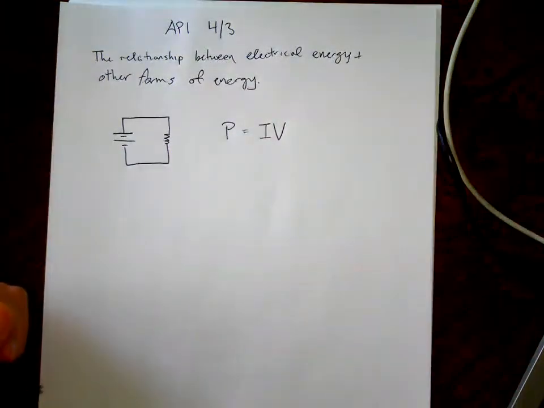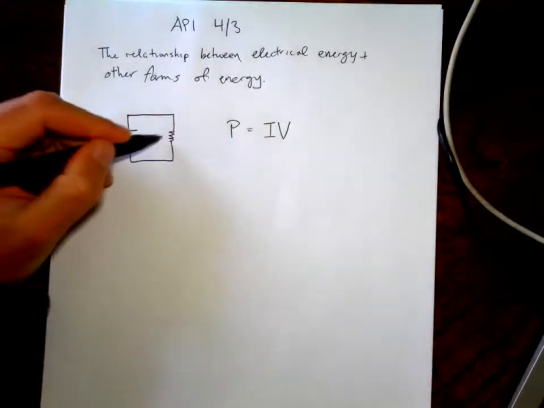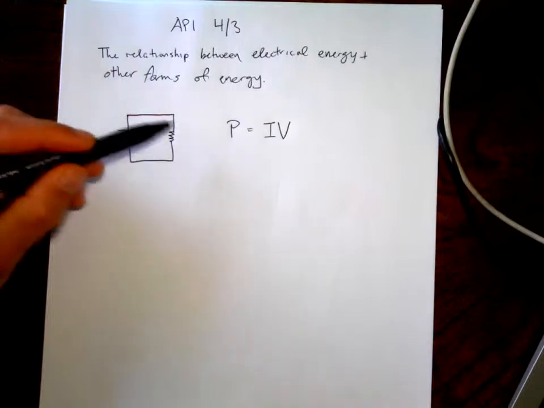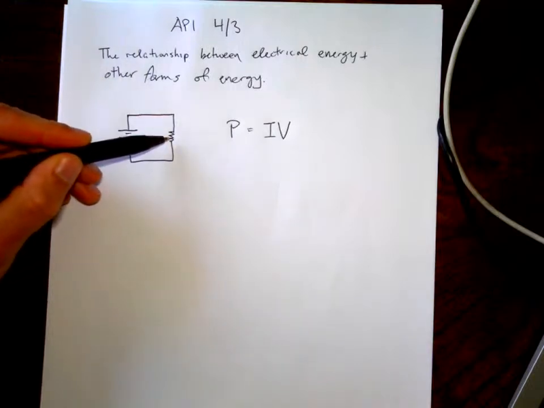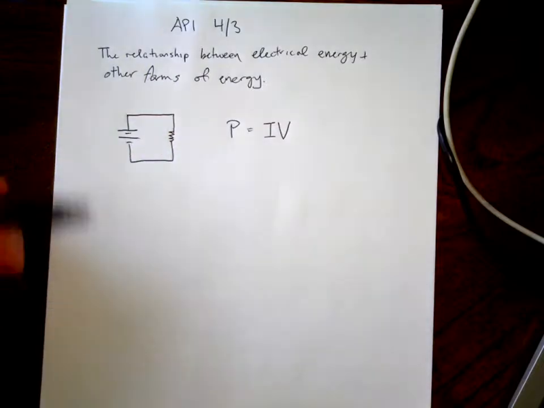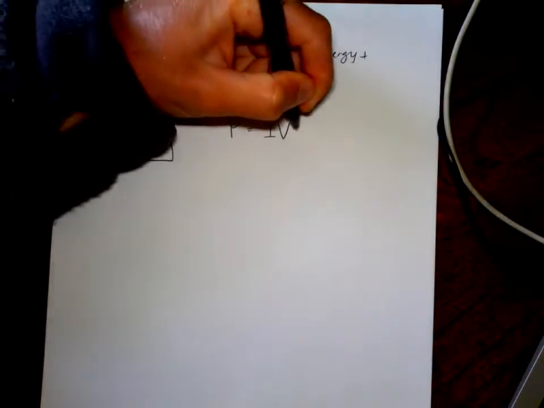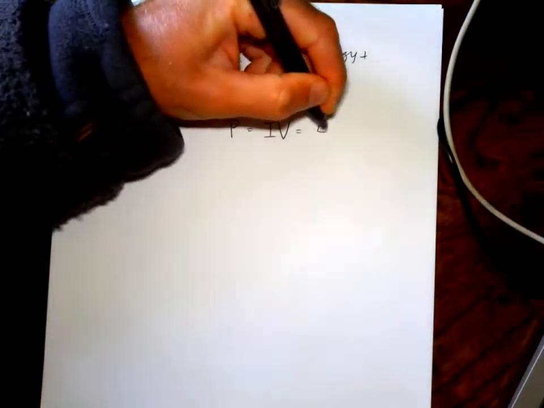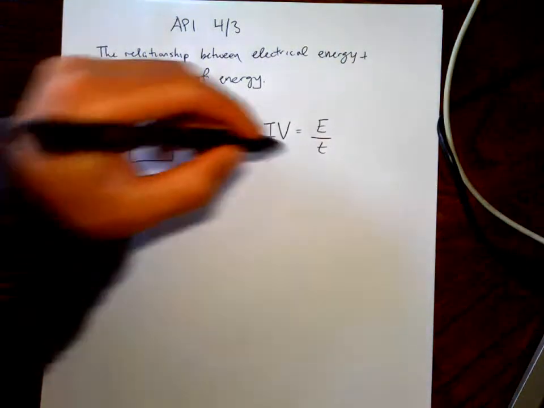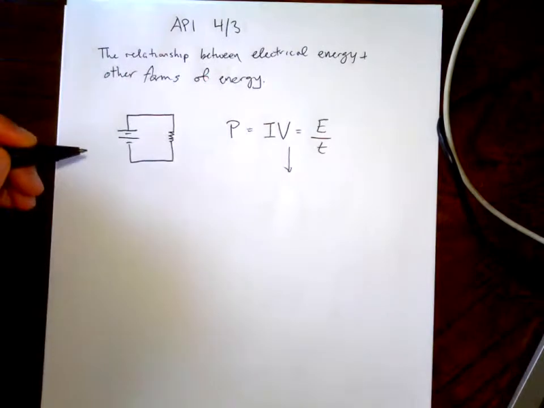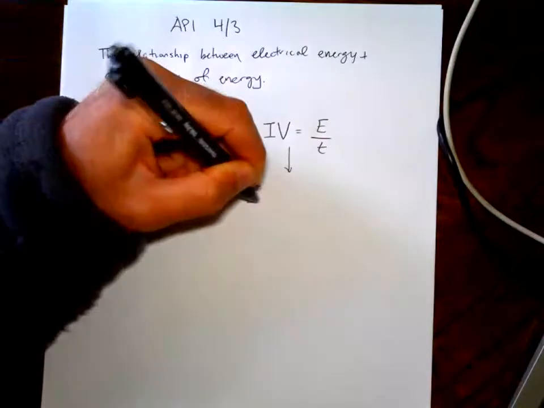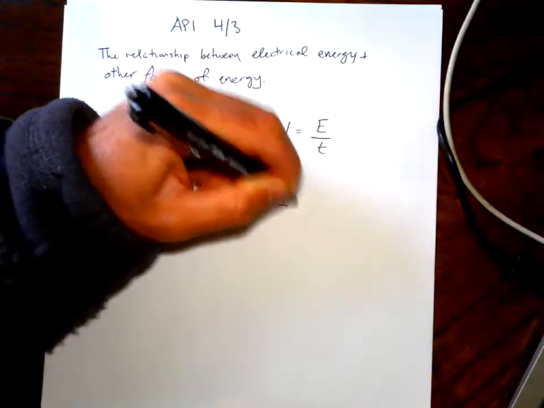This is the power being output by the battery, and also the power being consumed by this resistor. You might recall that power is energy per time, so we could solve for the energy. Energy equals current times voltage times time.